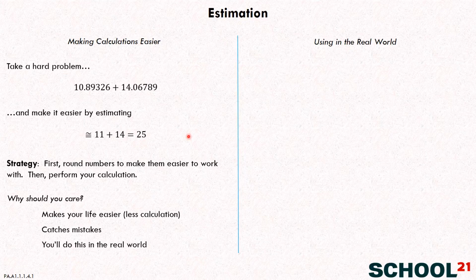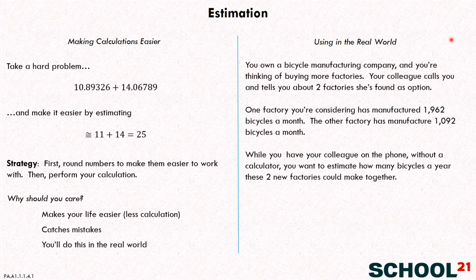So let's go over here to this side and look at an actual problem. We'll go ahead and read through this together. You own a bicycle manufacturing company, and you're thinking of buying more factories, okay? Your colleague calls you and tells you about 2 factories that she's found as an option.